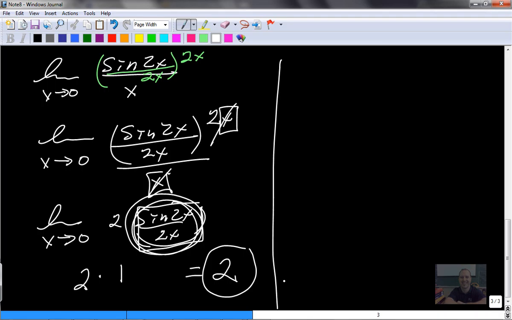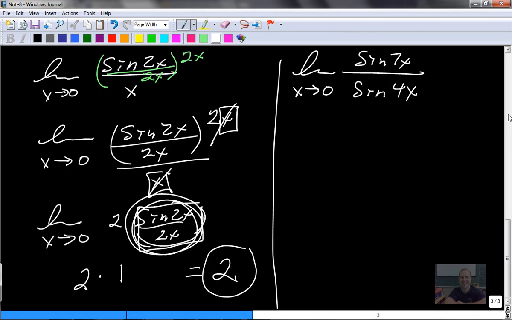I'll do one more example with you here. Again, we're not going to do too much of this, but just to show you how this works. If you're asked to calculate a limit here, and you just plugged x in, here's the problem again. Over here, you'd be dividing by 0.